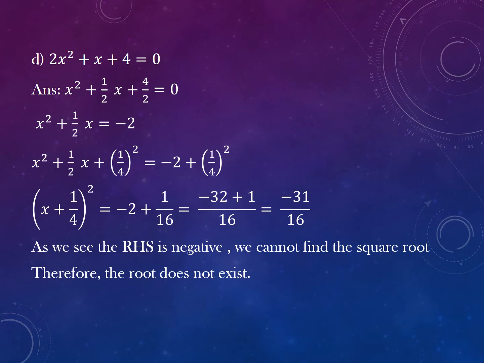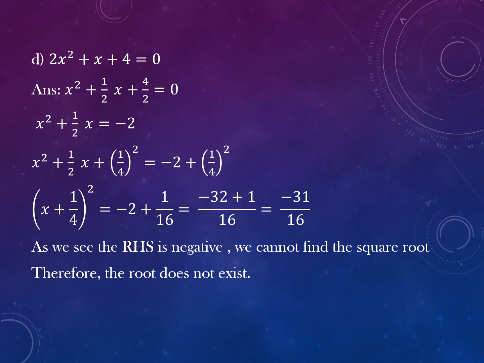Left side is a² + 2ab + b², which we can write as (a + b)², and the left side becomes (x + 1/4)². And the right side is -2 + 1/16, which is equal to -31/16.